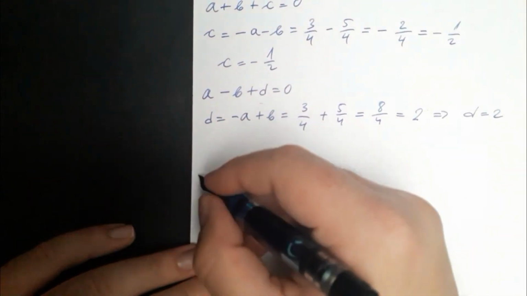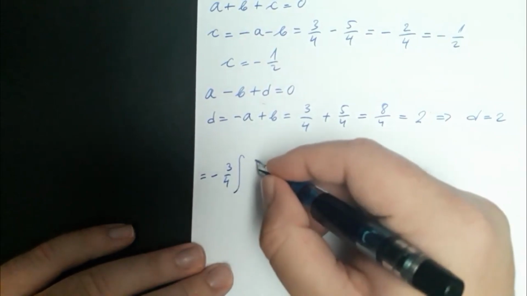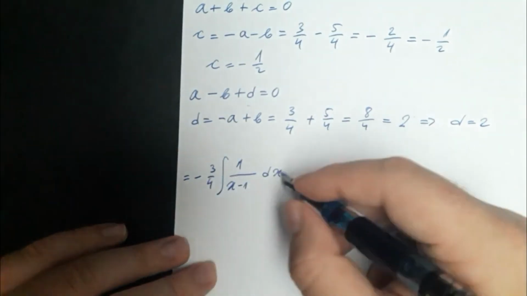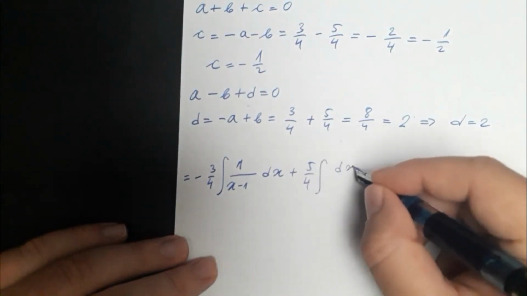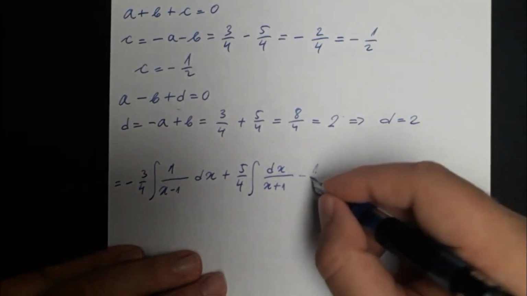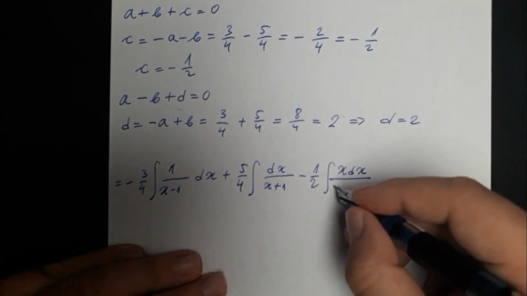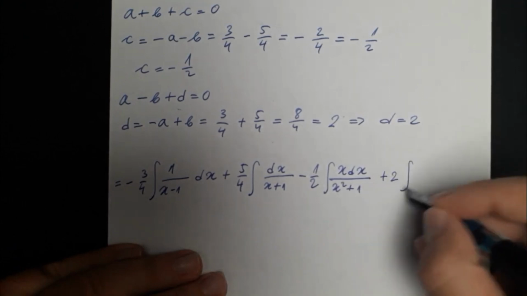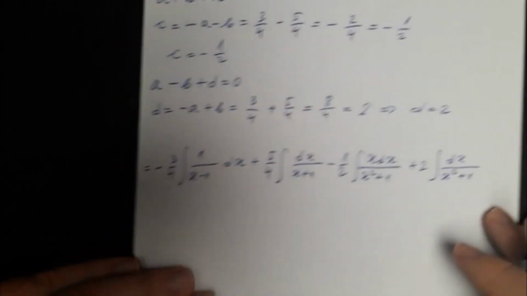Well, then our integral becomes negative 3 divided by 4 integral of 1 over x minus 1 dx plus 5 divided by 4 integral of dx divided by x plus 1 minus 1/2 of the integral x dx divided by x squared plus 1 and plus 2 integrals dx divided by x squared plus 1.